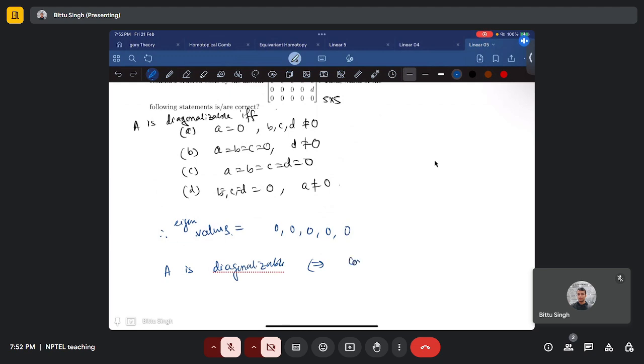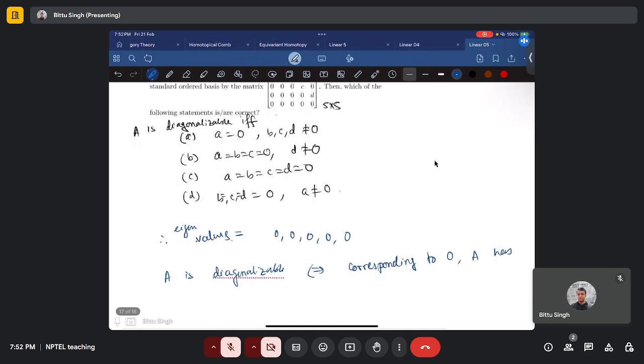That corresponding to 0, A has, here n by n means 5, so A has 5 linearly independent eigenvectors.